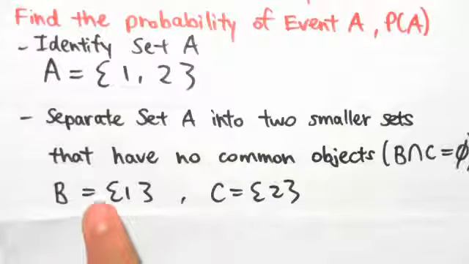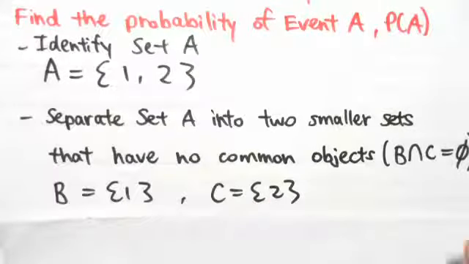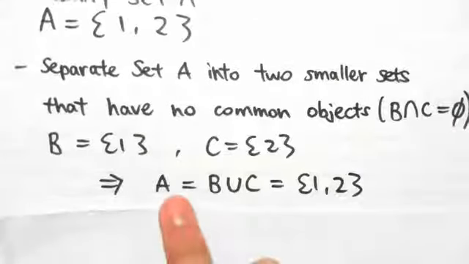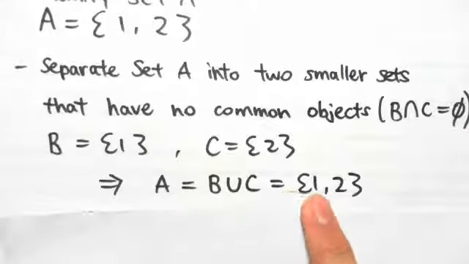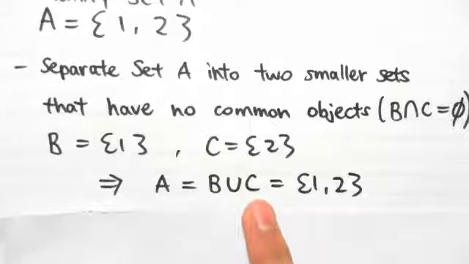B carries 1 and C carries something different, which is 2. Okay, so A is equal to B union C, which is equal to {1, 2}. So this means that A is composed of B and C, which carries 1, 2.